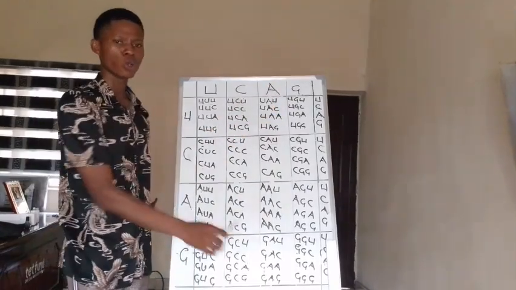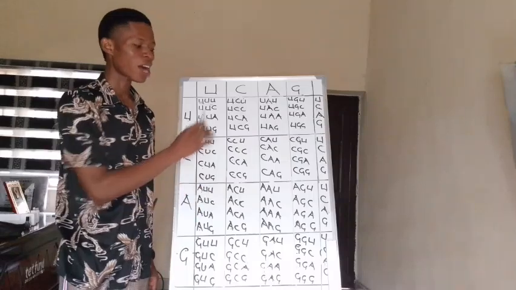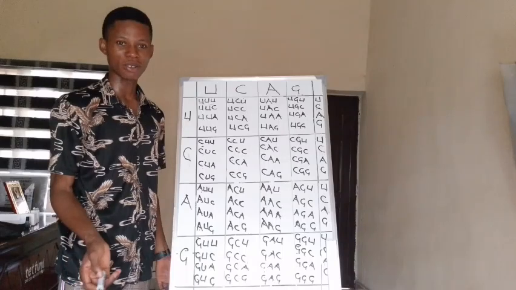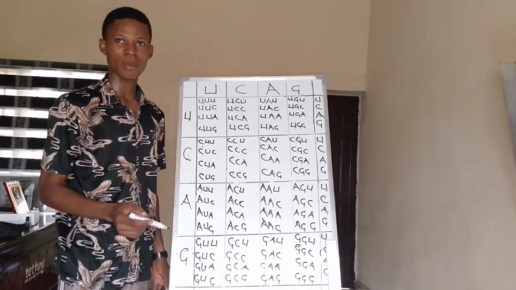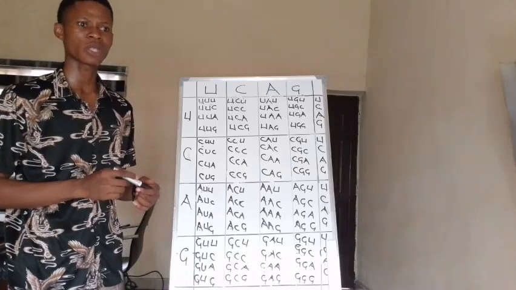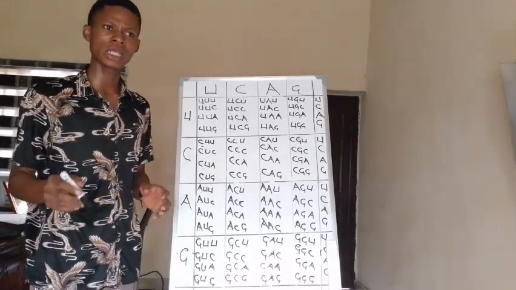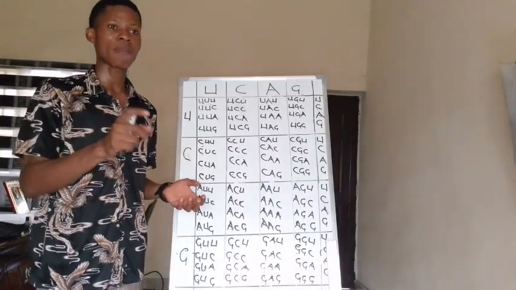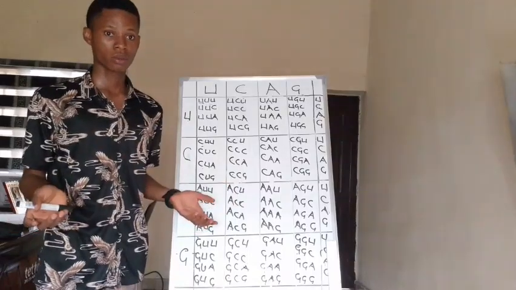We have 64 codons here. And out of the 64 codons, we have only 20 amino acids. So what does that tell you? If we have 64 codons coding for amino acids, but only 20 amino acids, it simply means that some amino acids have more than one codon.